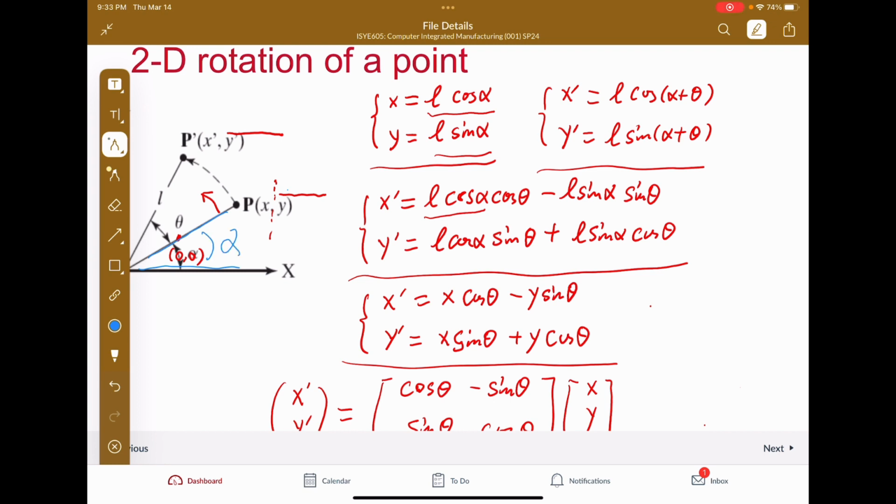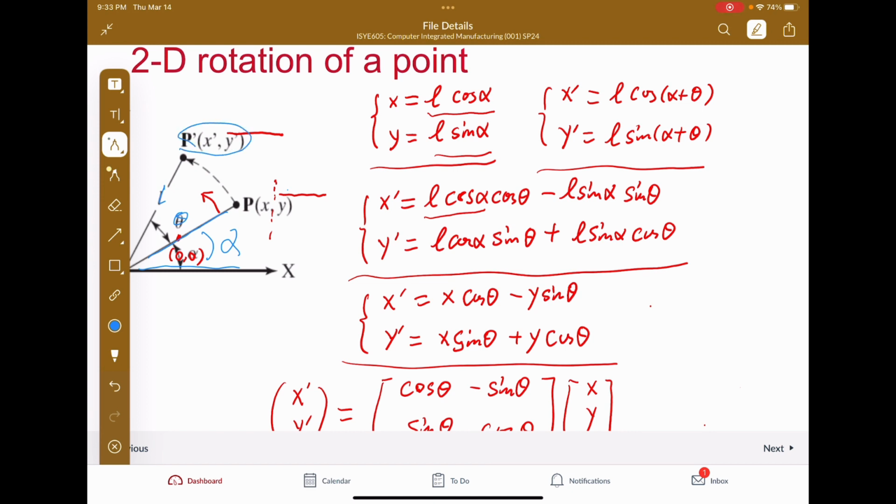We know the angle we rotate from P to P prime, which is just theta. And we also know the distance between the origin and point P, which is L. So we need to obtain the location of P prime, which is the values of X prime and Y prime.